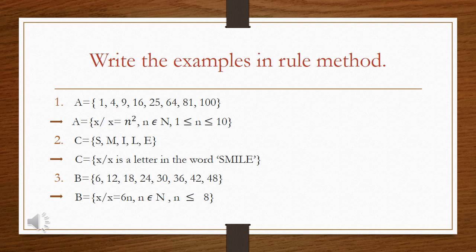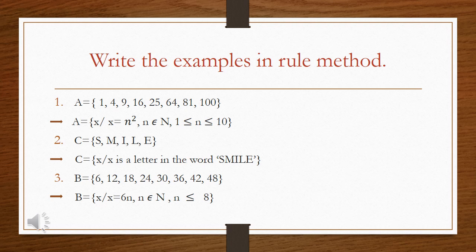That means small n can take the value 1 and it can take the value 10, because 1 squared is 1. The set starts from 1 and ends at 100, so we can take n up to 10. So this is our set A equal to x such that x equals n squared, and n is a natural number and n is greater than or equal to 1 and less than or equal to 10.